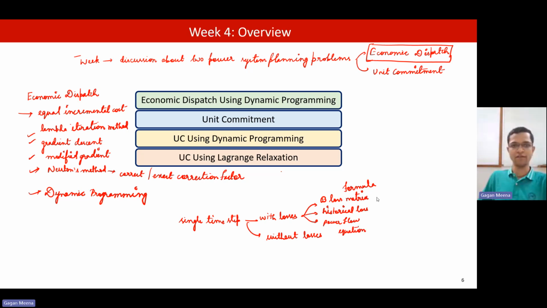So all these things we have seen. This is single time step. The same economic dispatch can be done for multi-time step.